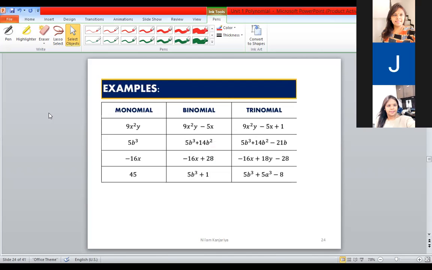And now a question arises. I think you understand the definition. Now you tell me the answer to one question. I write the question on your screen. Look at the example carefully.